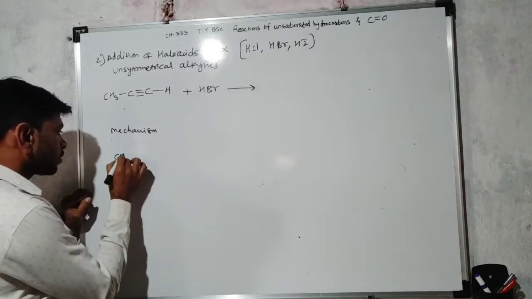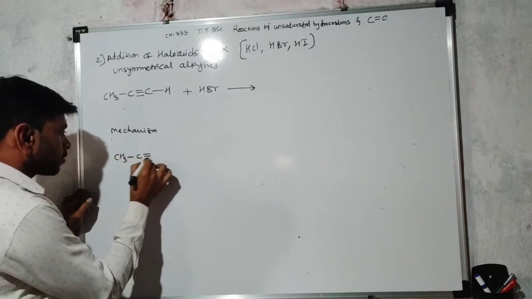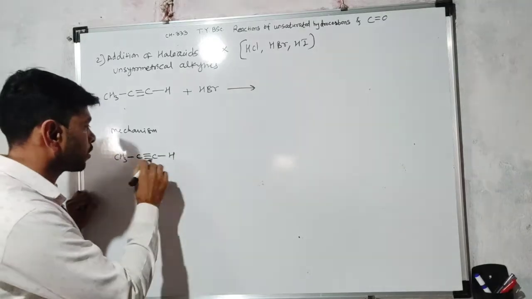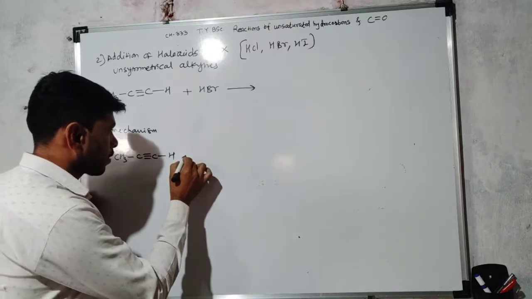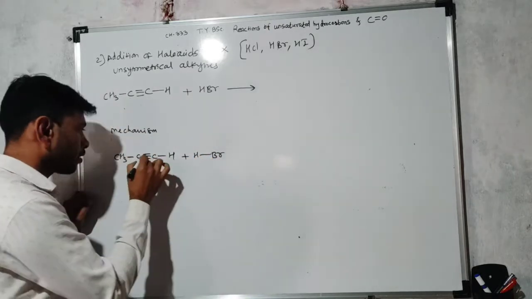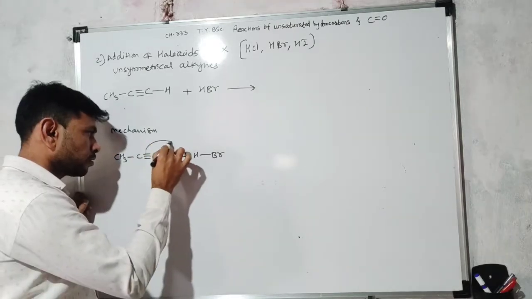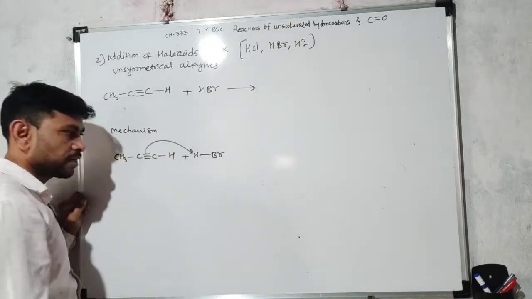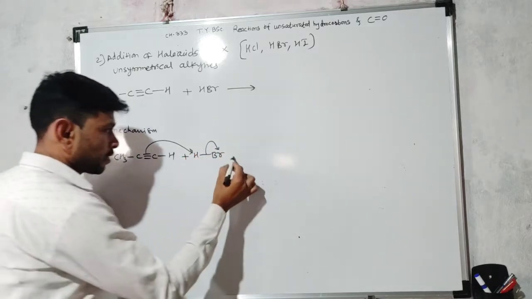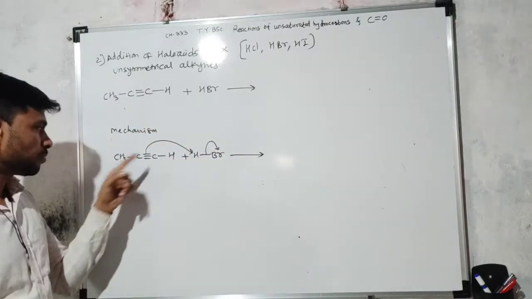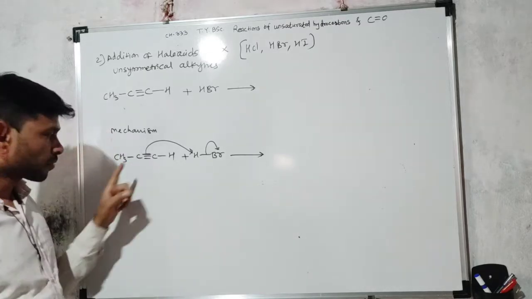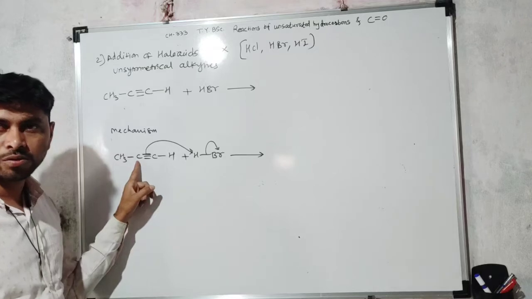See, this is the reactant alkyne. When the reactant alkyne reacts with HBr, one of the bonds shifts here, producing Br minus. This double bond is attached to two carbons, this carbon and this second carbon also.